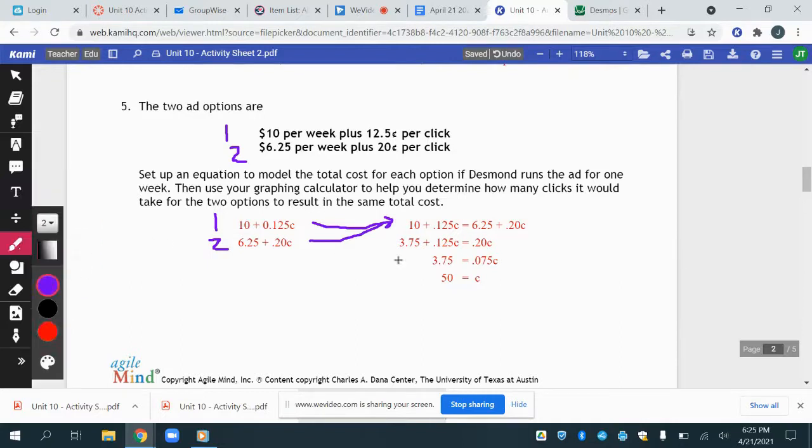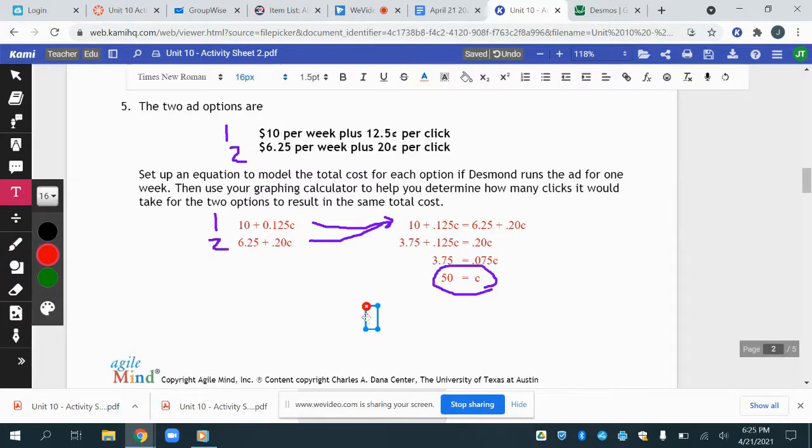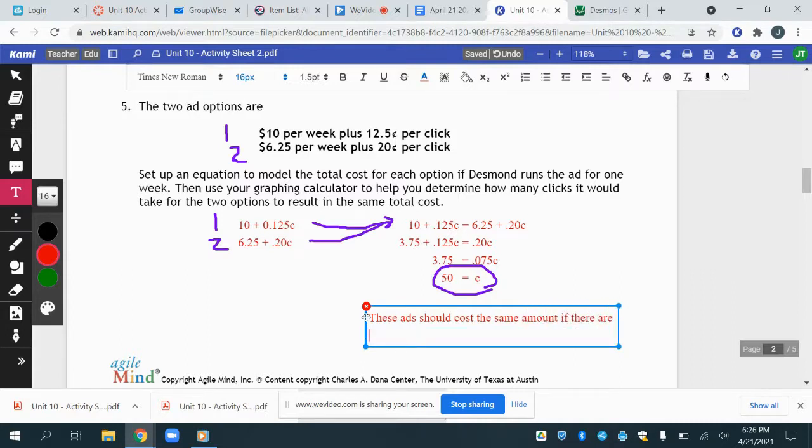So what that's saying is these ads should cost the same amount if there are 50 clicks per week.